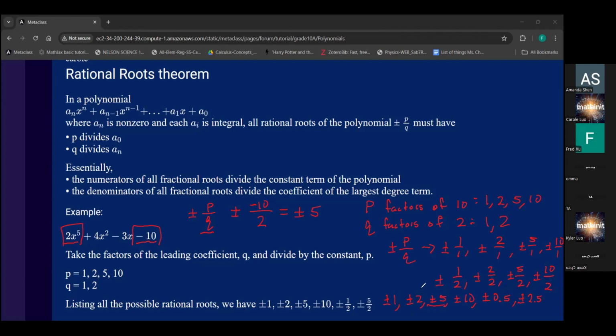You already wrote 5 over here, and you don't need to repeat. So basically, these are all of the possible rational roots.